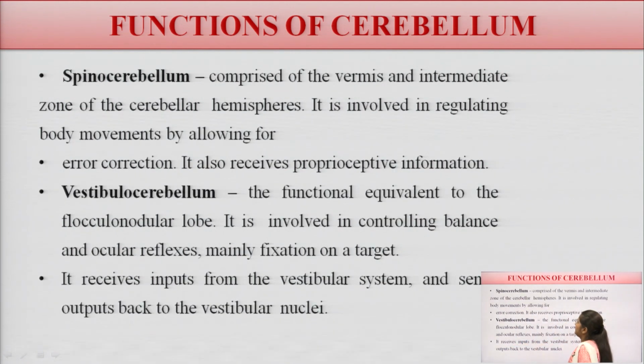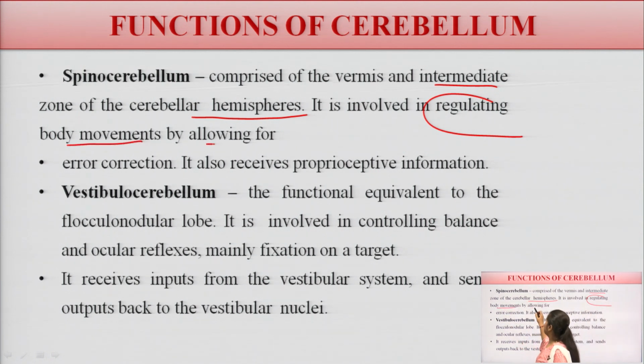Now, the spinocerebellum is comprised of the vermis and the intermediate zone of the cerebellar hemisphere. It is involved in the regulation of body movement, allowing for error correction, and it receives proprioceptive information. So it is responsible for movement.